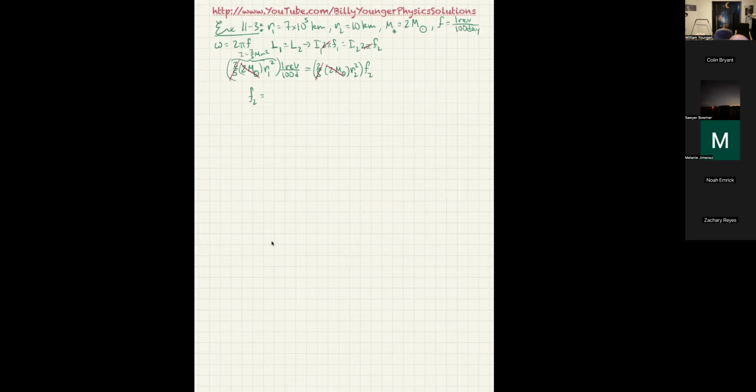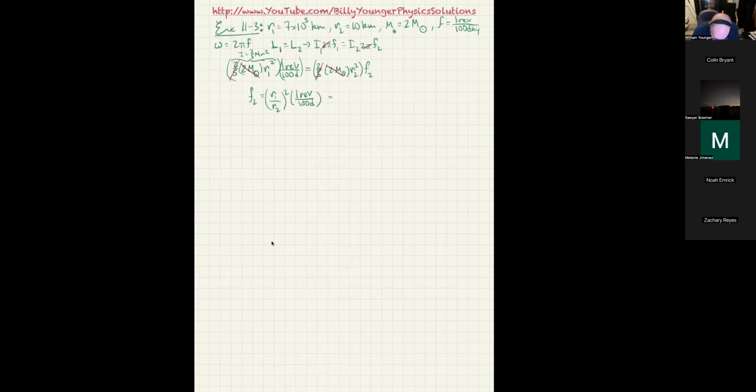And I'm going to go ahead and put parentheses around this frequency 1. So this is going to be R1 over R2. Those quantities are squared, and that's going to be times 1 revolution per 100 days.